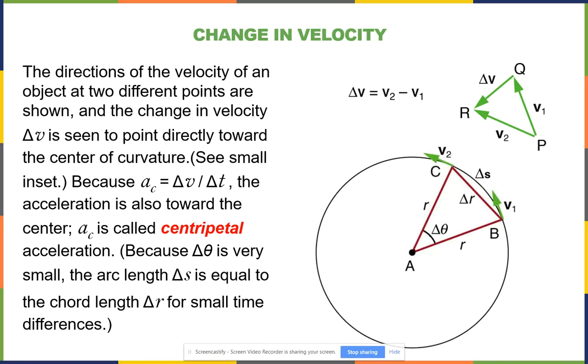But that's not correct. Newton's laws say that an object will stay in constant motion unless acted on by an unbalanced force. What does constant motion mean? Constant velocity, no acceleration.